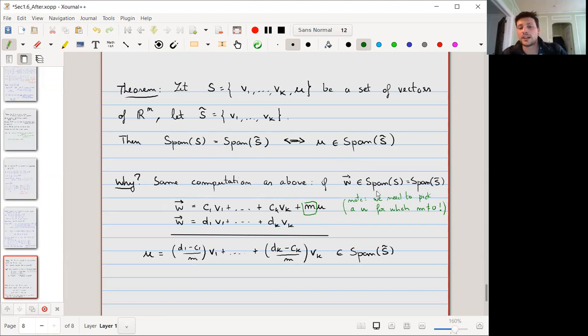There are vectors like that in this span. And we do the same thing as before. So we take the second row and subtract it from the first. And then we solve for u, which shows that u will belong to the span of S twiddle. So this theorem works in exactly the same way, but in more generality than what we just saw in the example.